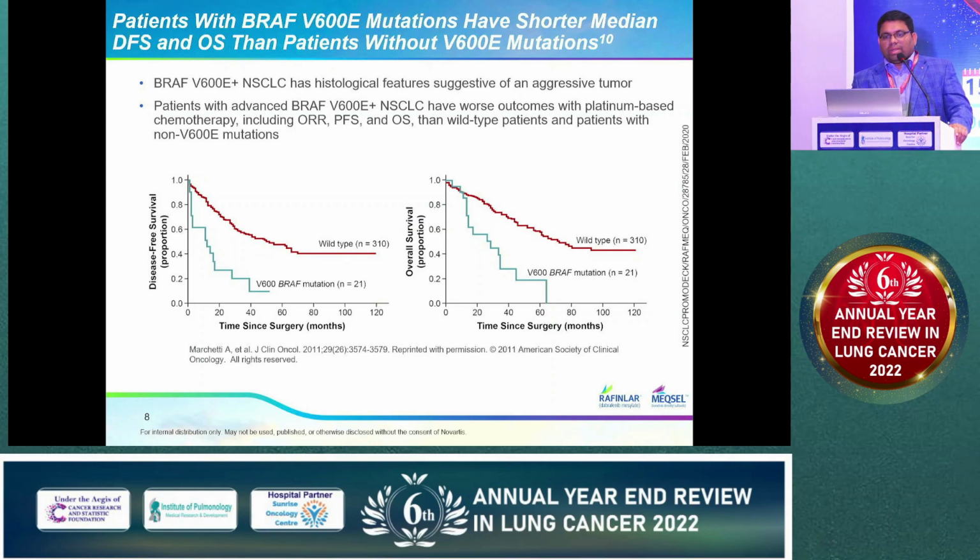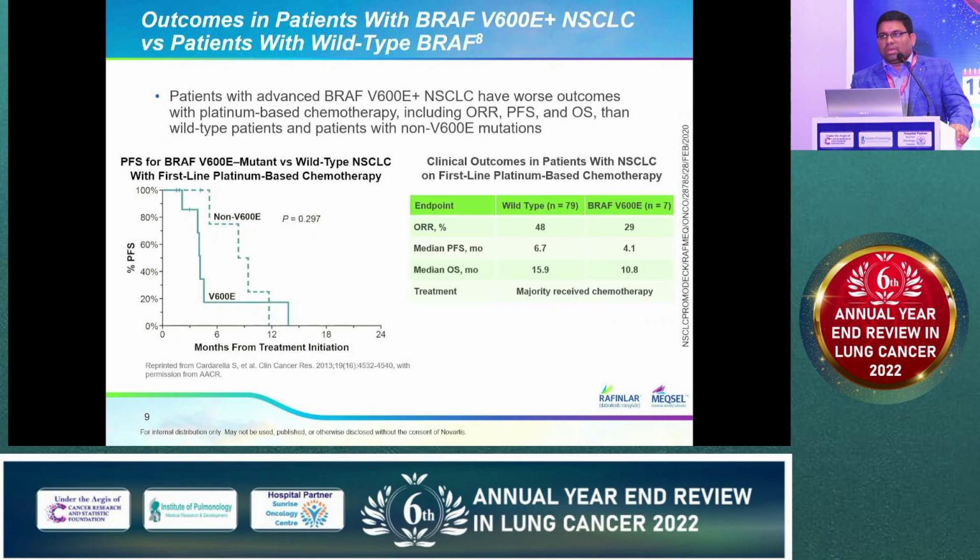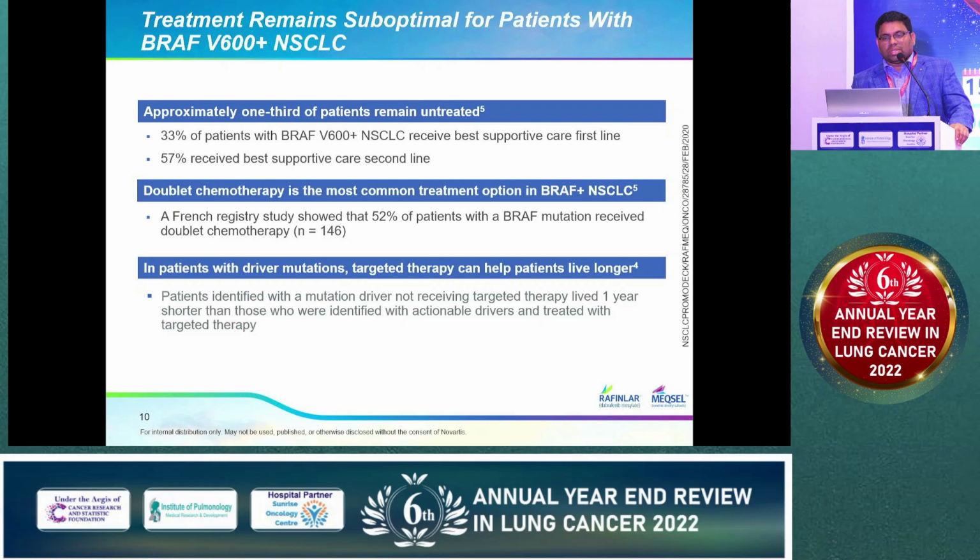Now, is BRAF an independent prognostic factor? Obviously, we know that it predicts for the action of a BRAF inhibitor, but is it an independent prognostic factor? It does seem that patients who have BRAF mutation do badly, whether they are post-surgery or treated as stage 4 with systemic chemotherapy. So this is one marker which is both prognostic and predictive, and if it is present and you don't treat with the appropriate BRAF inhibitor, they certainly have a very poor prognosis with a median overall survival of less than 10 months.